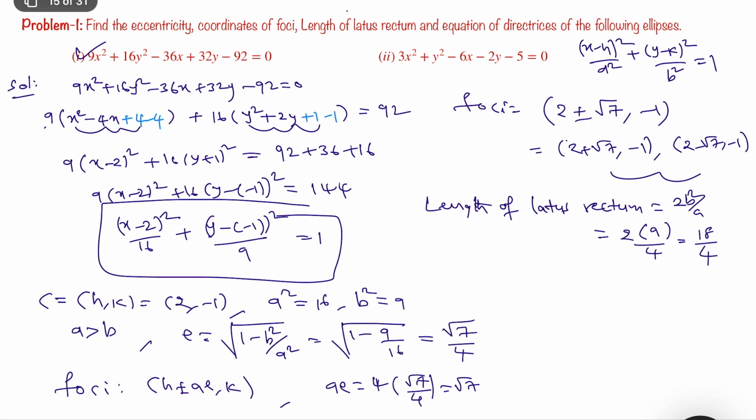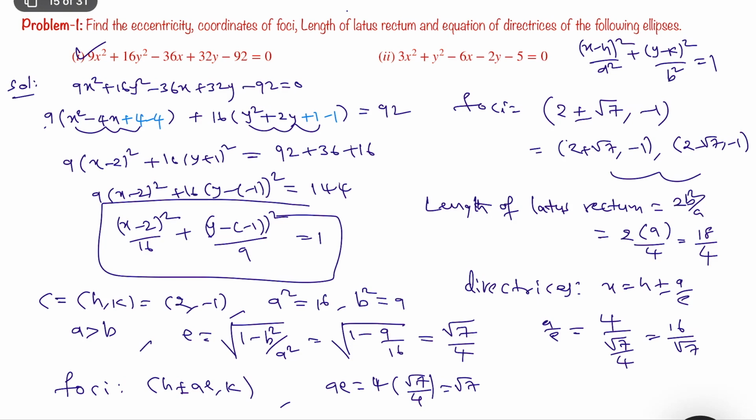Next, the equation of directrices. We know the directrices equation is x equal to h plus or minus a by e. First of all, what is a by e? a is 4, e is root 7 by 4. So we have 16 by root 7.